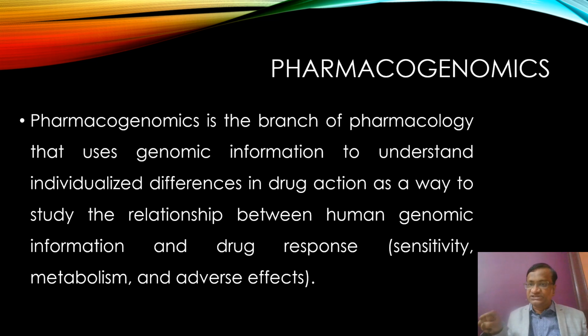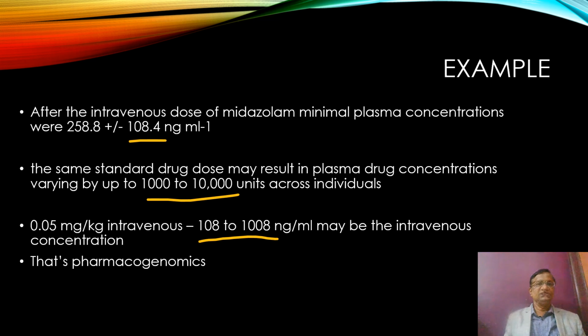It utilizes genomic information to say, this drug is going to act in this way in this patient, whose genomics is like this. So it is a study of the relationship of the genome with drug response. It may be sensitivity, it may be pharmacokinetics, or it may be adverse effects.